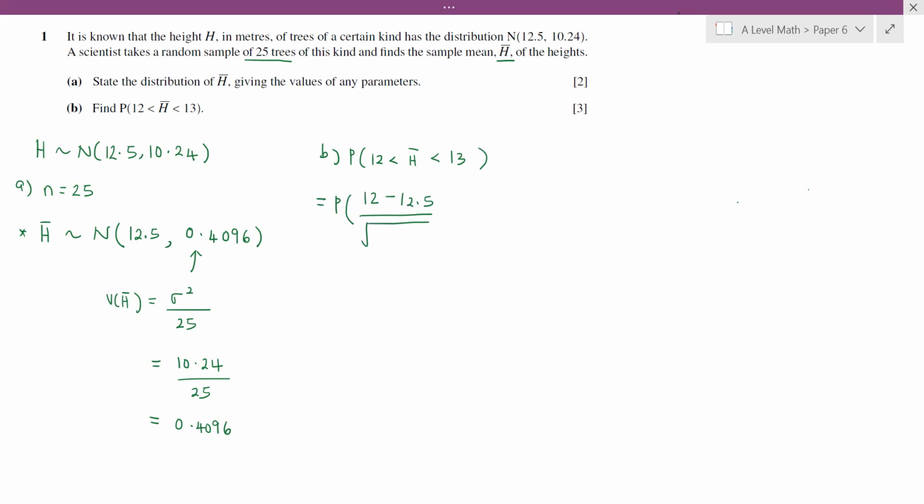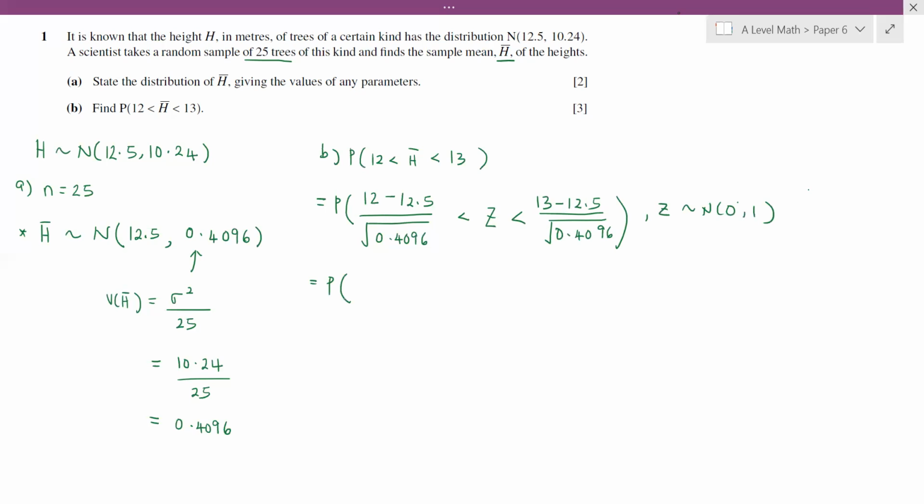The standard deviation is the square root of the variance. We have 13 minus 12.5 over the square root of 0.4096. Z now follows the standard normal distribution.